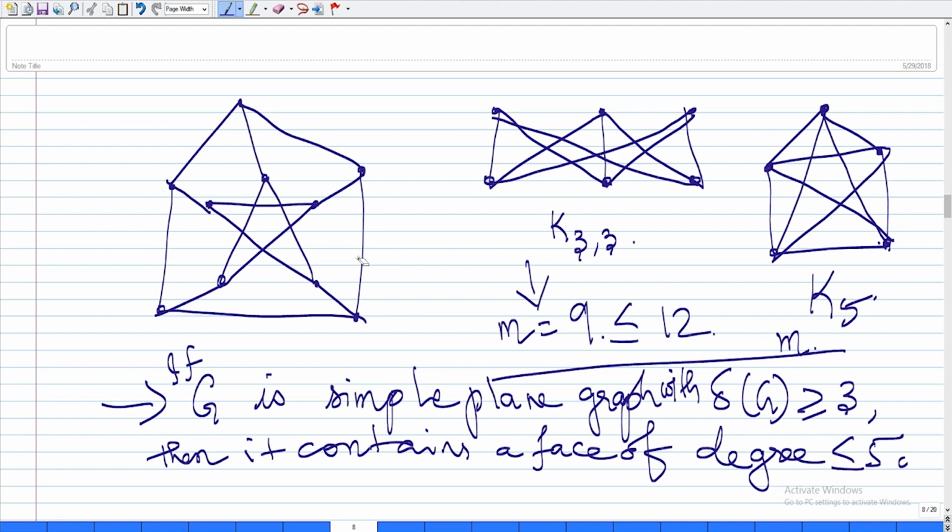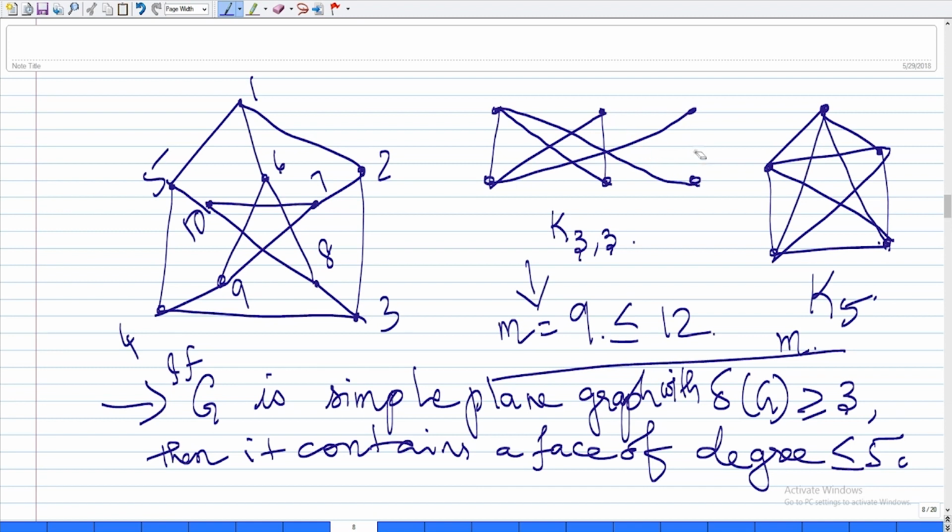Let us be specific, say 1, 2, 3, 4, 5. Now can you give me a subdivision for this, or give me labelings and a subdivision, so that I can simply say that this is a subdivision, a subgraph of the Petersen graph.